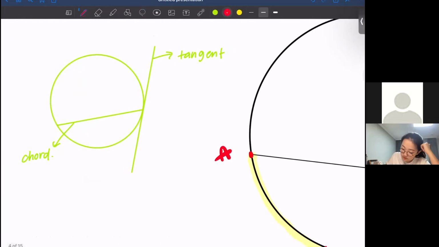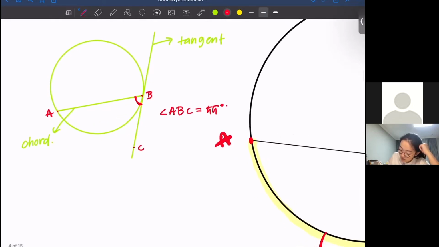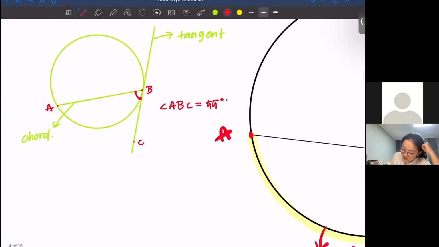It tells you that this angle has a measure of 55 degrees, and then it asks you for arc BA.